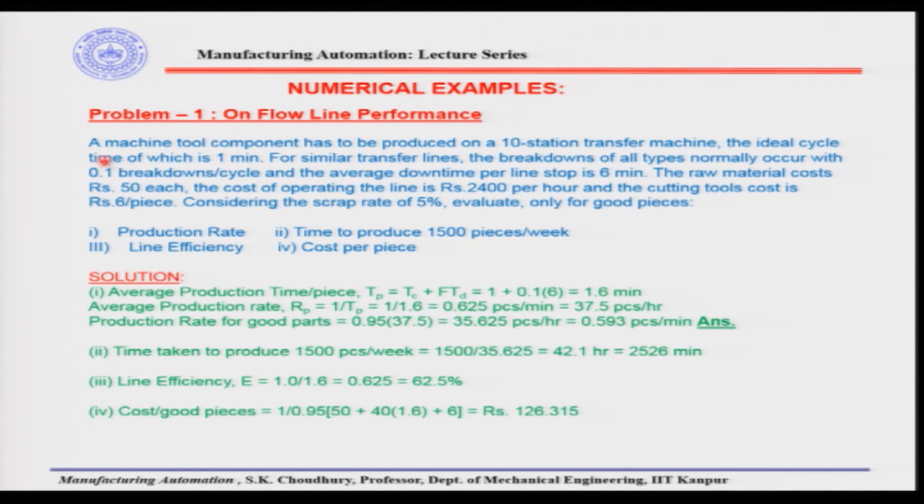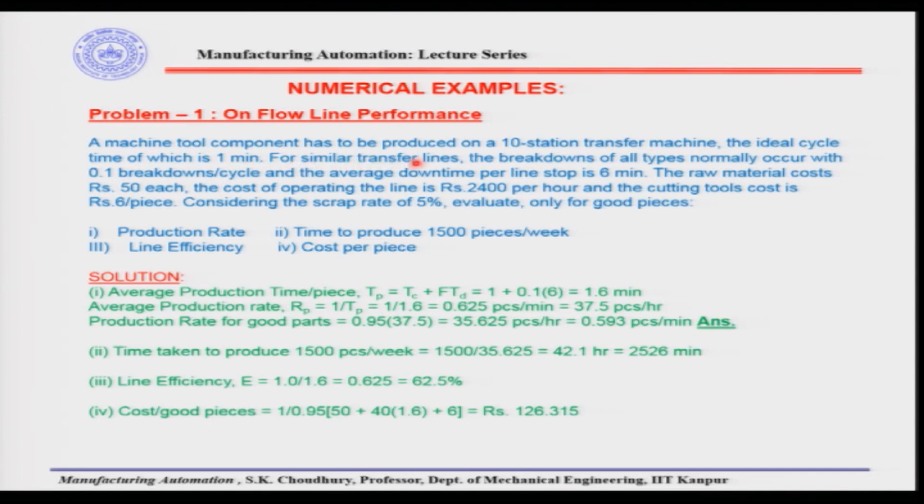For example, a machine tool component has to be produced on a 10 station transfer machine, the ideal cycle time of which is 1 minute. Tc, I will remind you, we did 2 classes before. So 60 seconds will be the Tc.